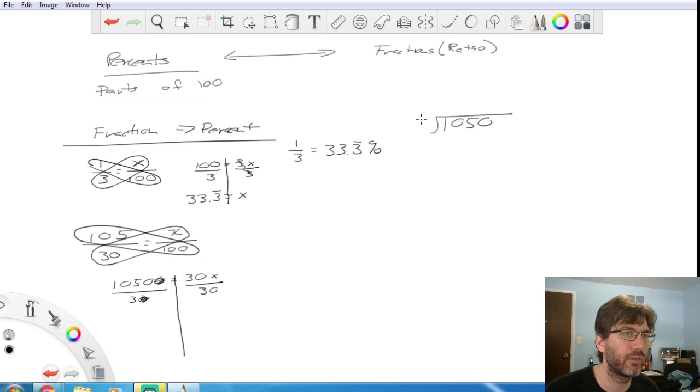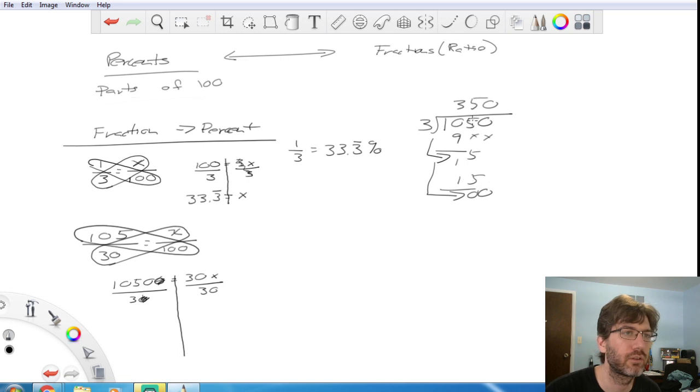So I'm looking at 1050 divided by 3. 3 goes into 10 3 times, 9. 1. Bring down the 5. 3 goes into 15 5 times, which is 15. 0. Bring down the 0. 3 goes into 0 0 times. 0 times 3 is 0, and so on.